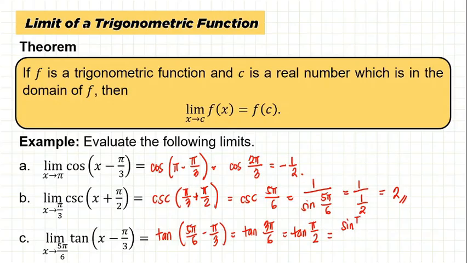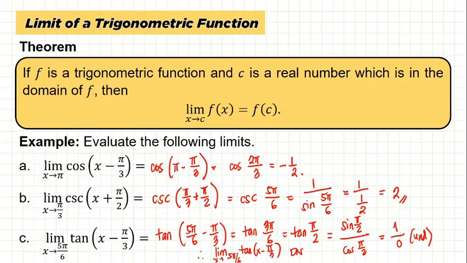So we have sine pi over 2 over cosine of pi over 2. Sine pi over 2 is 1, while cosine pi over 2 is 0. This is undefined. So therefore, we can say that the limit of tangent of x minus pi over 3 as x approaches 5 pi over 6 does not exist. So that will be our final answer.